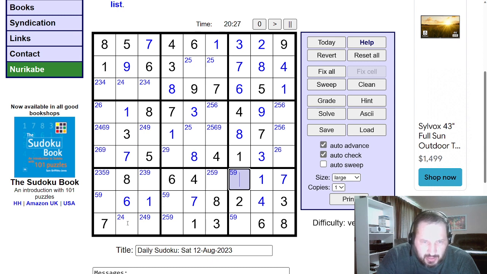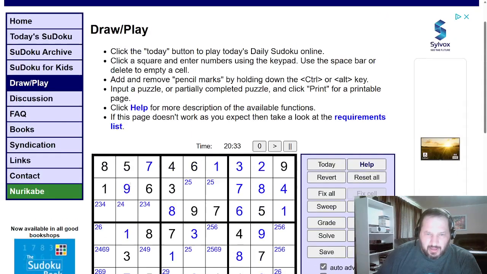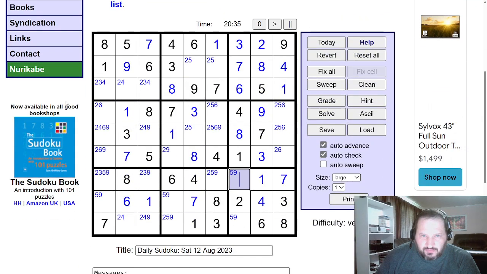Double locks are great. Crisscrosses are great. Ghost rows and ghost columns are great. I don't know why this 2 and 5 right here, it just keeps coming back to me. See this 2 and 5?